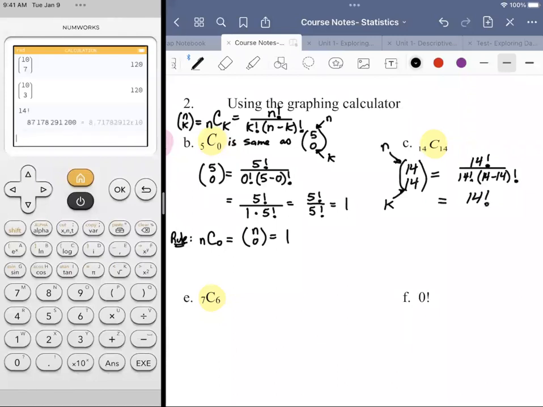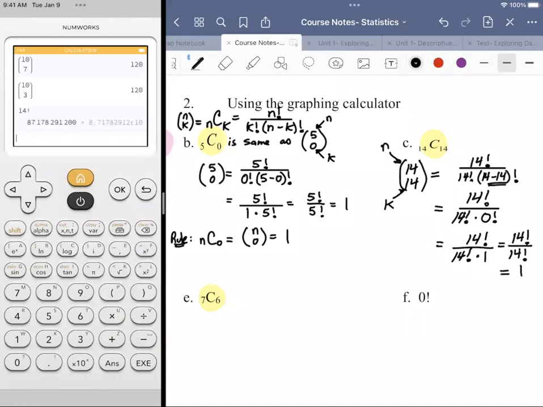14 factorial up top. This 14 factorial that we're stuck with, but 14 minus 14 is equal to 0. So that's going to be times 0 factorial, which I still haven't proved yet, but we're taking on faith that that's equal to 1. So 14 factorial over 14 factorial times 1 is 14 factorial over 14 factorial.